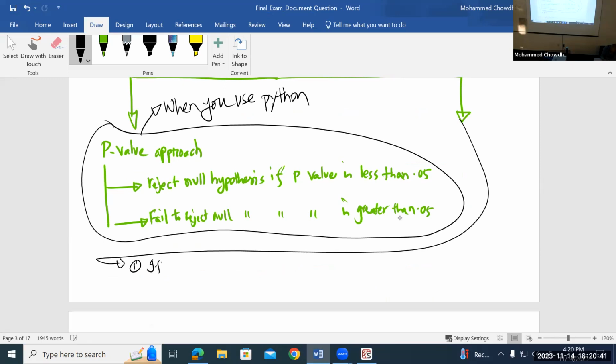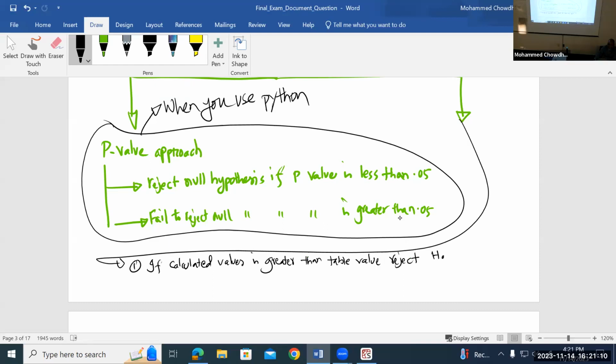If the calculated value is greater than the table value, reject the null hypothesis, known as H0.